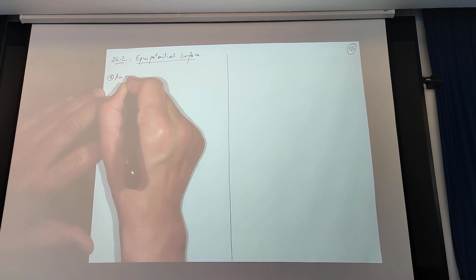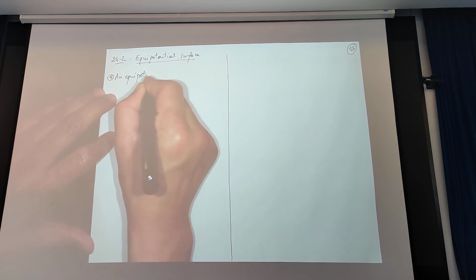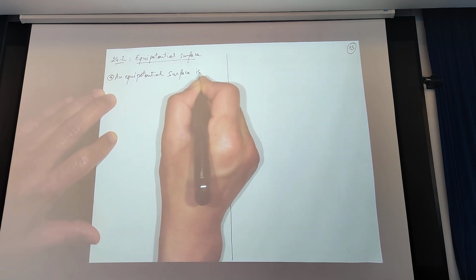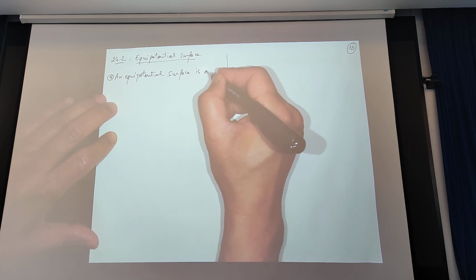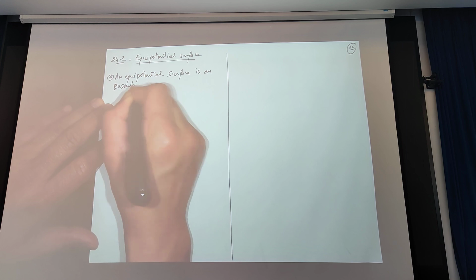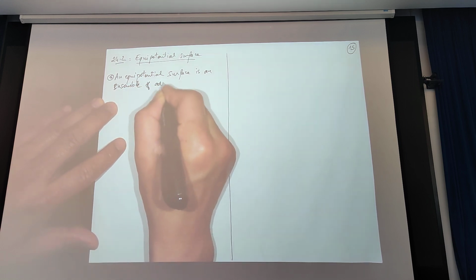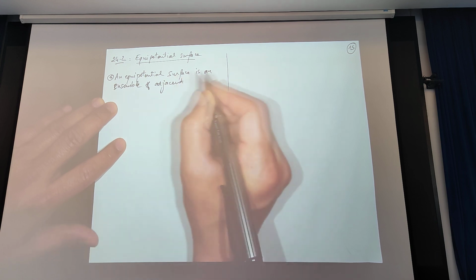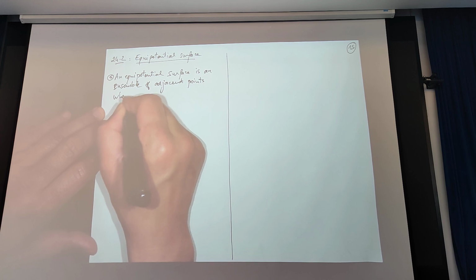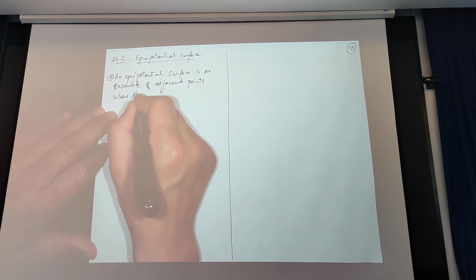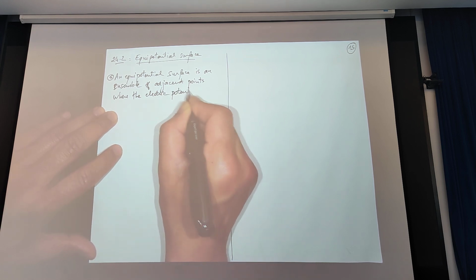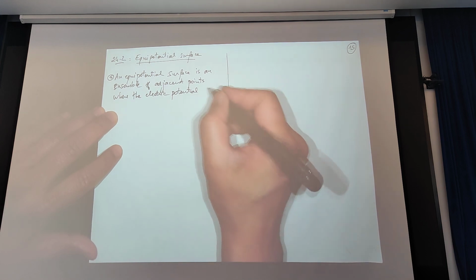An equipotential surface is an ensemble of adjacent points where the electric potential is the same.